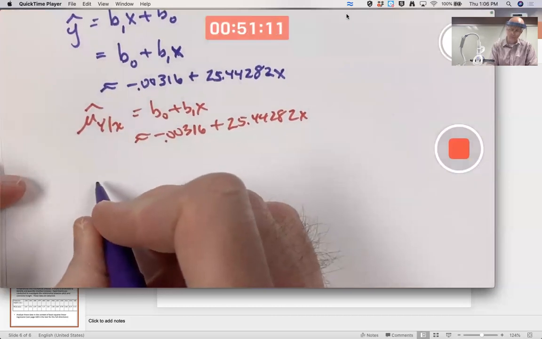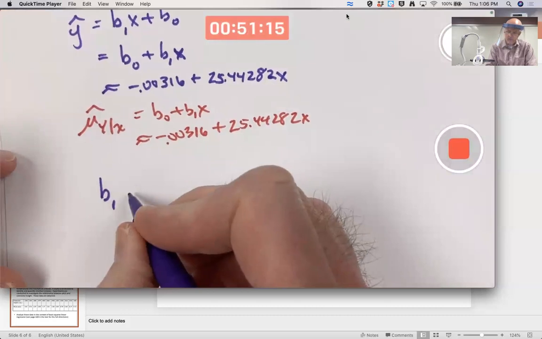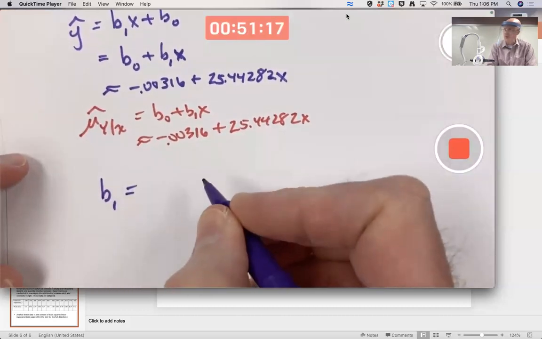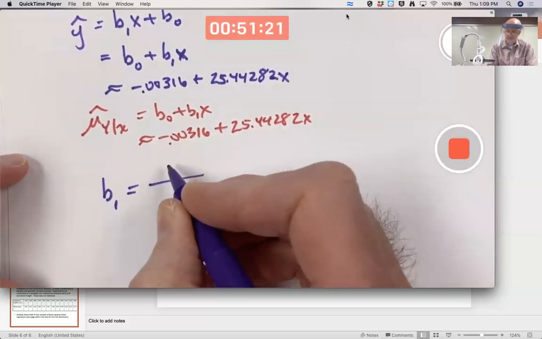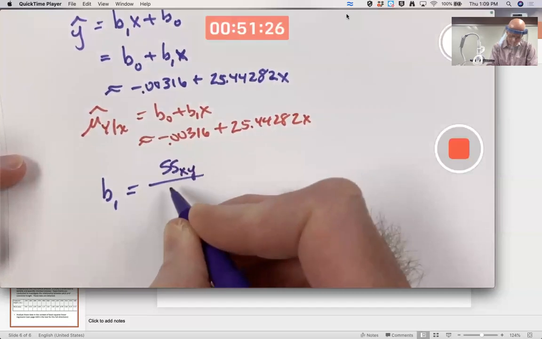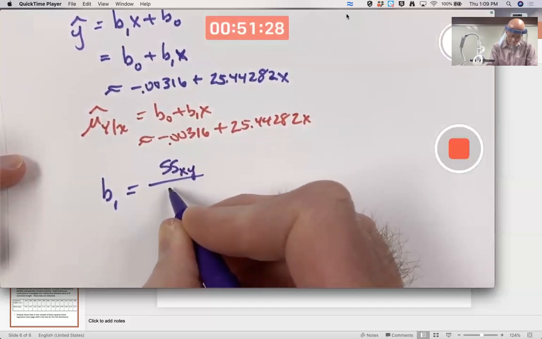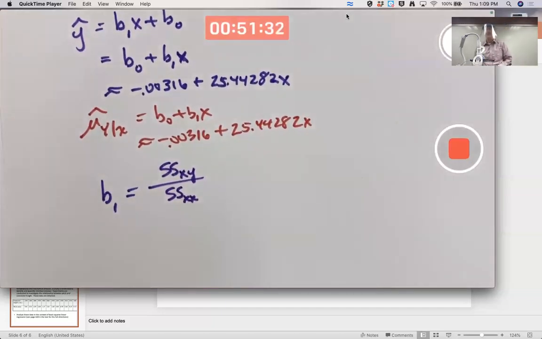But let me tell you the main form that relates to what we see there. I memorize the formula for the slope as, symbolically, SS sub xy divided by SS sub xx.